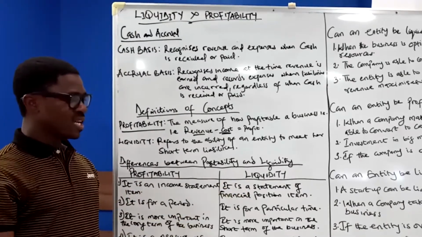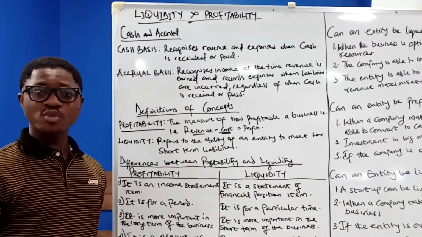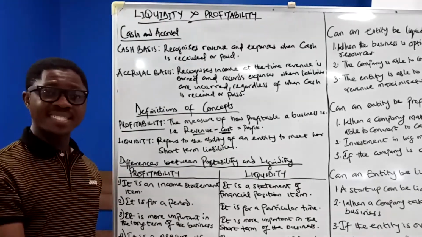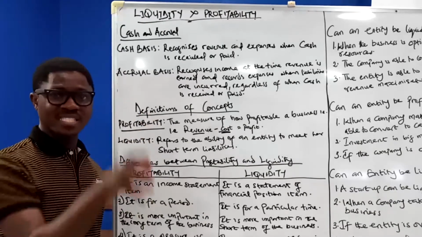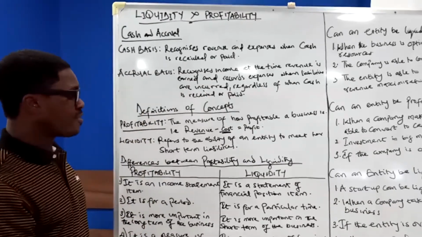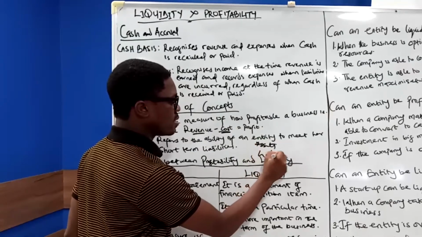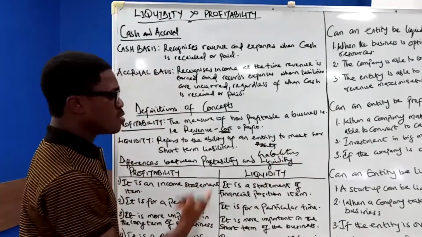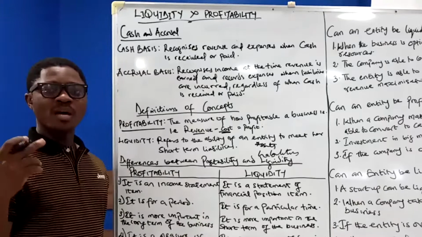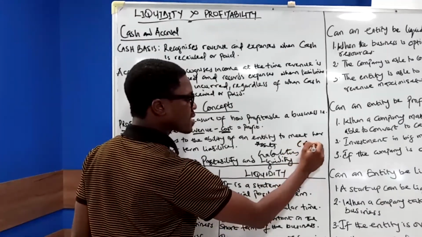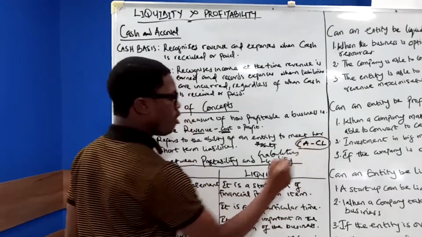For liquidity, liquidity is a statement of financial position item. What does this mean? For us to know how liquid an entity is, we look at the statement of financial position. That is where we have the assets and the liabilities. To know how liquid the company is, we look at the difference between the current assets and the current liabilities of an entity.